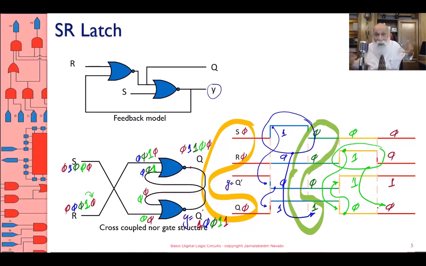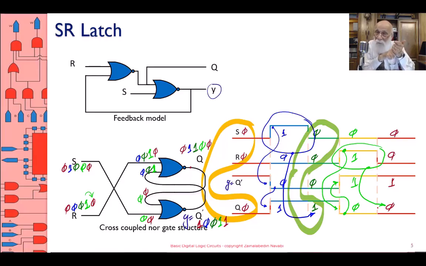Okay? So my circuit remembers something. It remembers whether the last positive pulse was on S or on R. When I look at the output and I see a 0, I say, oh, the last positive pulse must have been on R. That's why my output is 0, or reset.